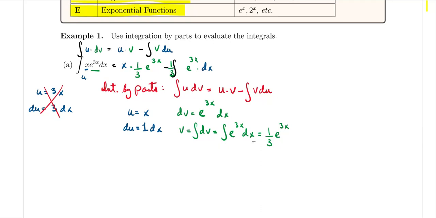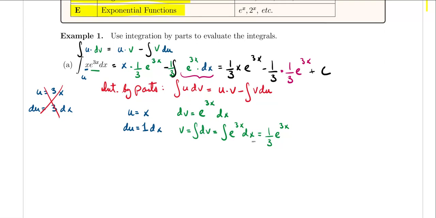So we're going to get here a u times v, which was the x times 1/3 times e to the 3x. So we're going to have a 1/3 x e to the 3x minus a 1/3 times the integral of e to the 3x dx, which I'll put here in plum, which is going to be another 1/3 e to the 3x. And now we add the plus c.